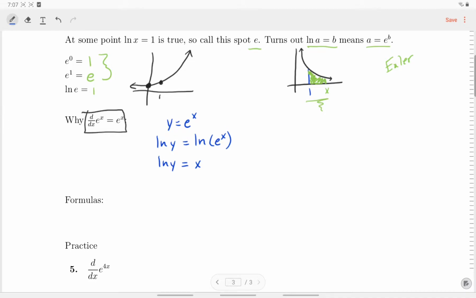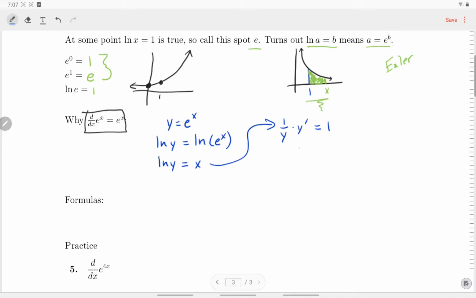All right, now I'm going to use implicit differentiation on this. So the derivative of natural log of y is 1 over y times y prime. The derivative of x is just 1. So the natural log of y gave me the derivative 1 over y times y prime. The derivative of x gave me just 1.